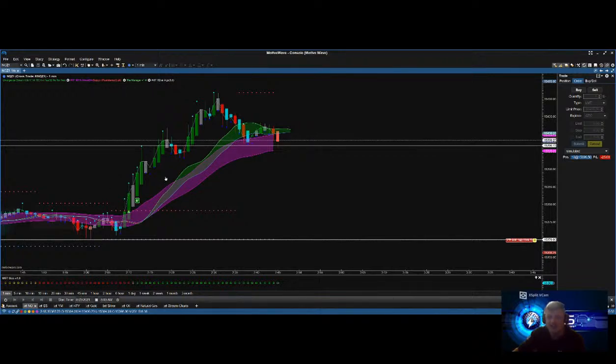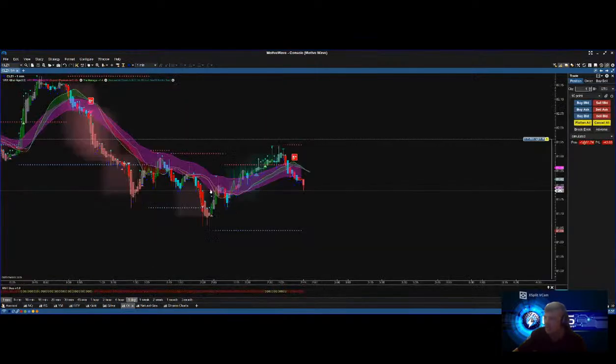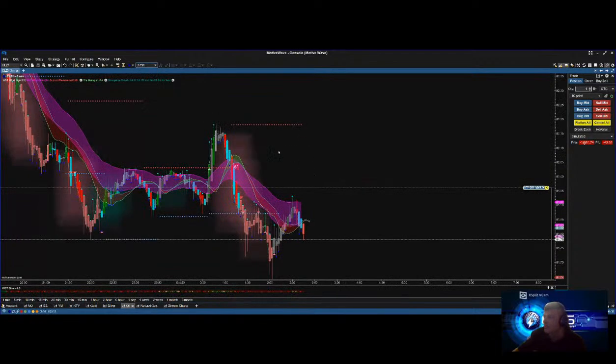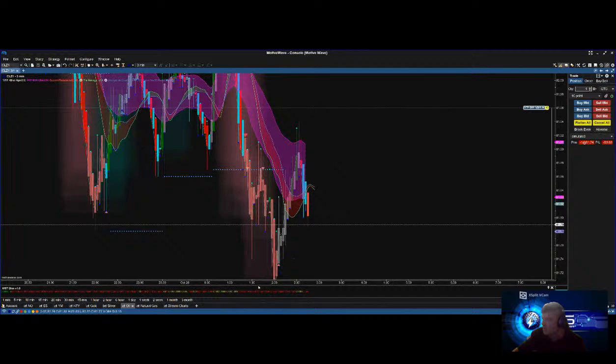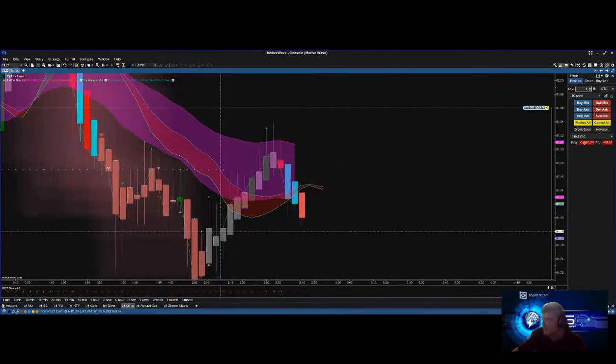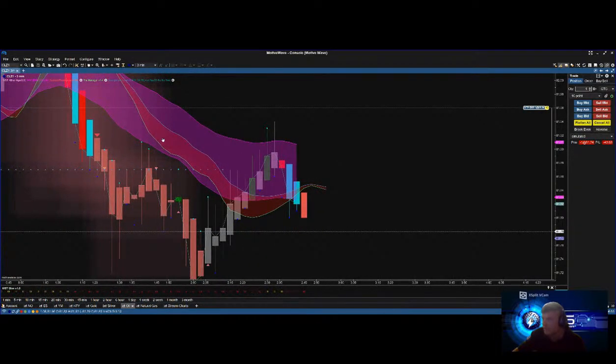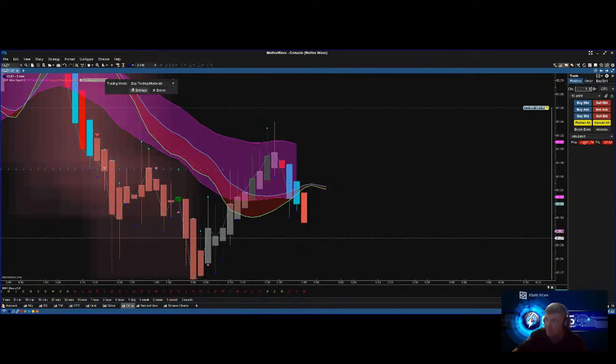Cloud on the manager on oil, 3-minute remained red. Let's see here. Oil, 3-minute. Boom. Yes. This is what I was talking about earlier, everybody. If you use the manager the way that it's meant to be used and you listen to it, you're not going to go, it's probably going to do this, it's probably going to do that. It is on moderate. You're giving it the room to breathe.